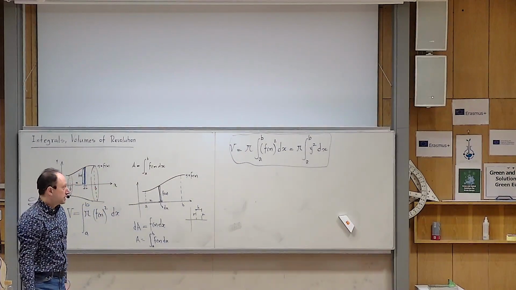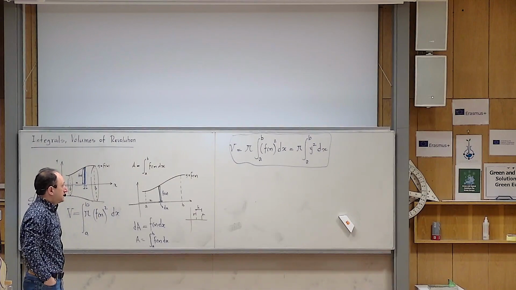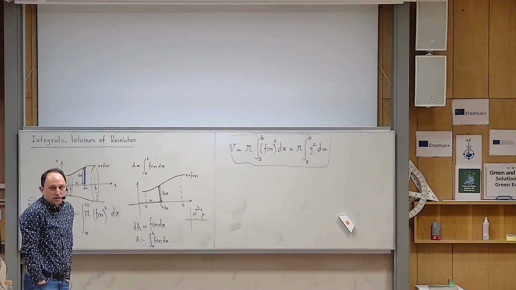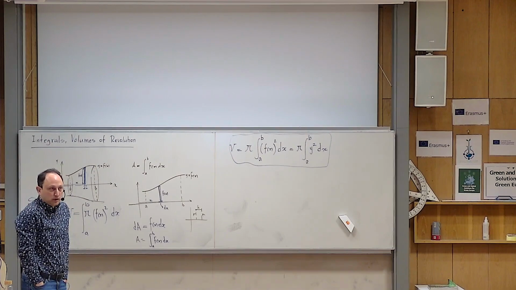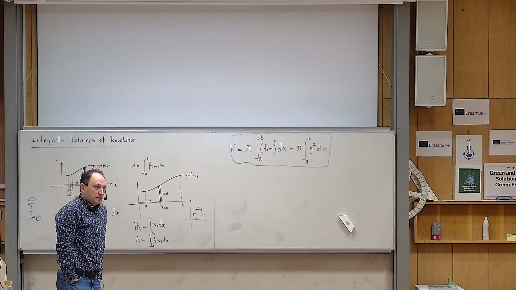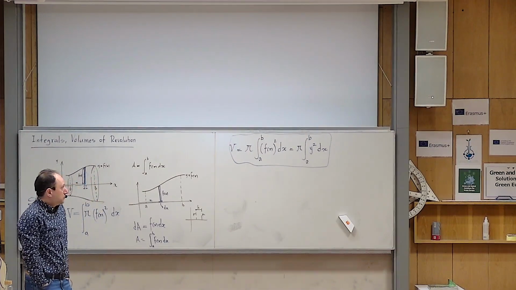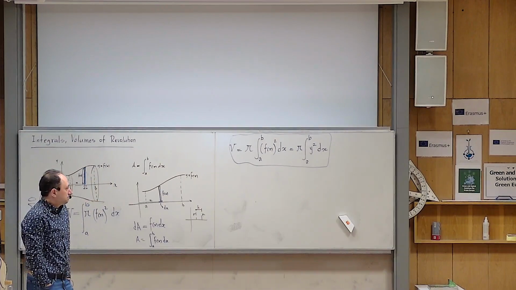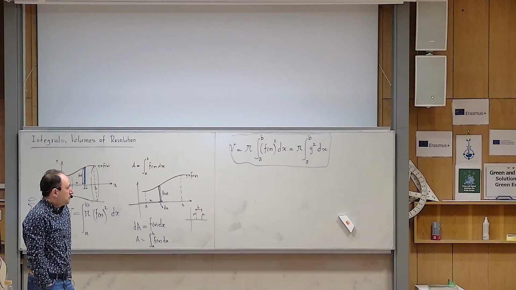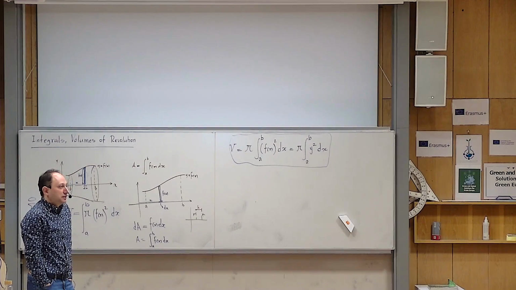Let us try to play some games now. For example, there are a lot of solids that you see the formulas for in the formula sheet, but probably didn't know why. Let us do it one by one. For example, I don't know if this is the best example or not, but let me start with the volume of a sphere.